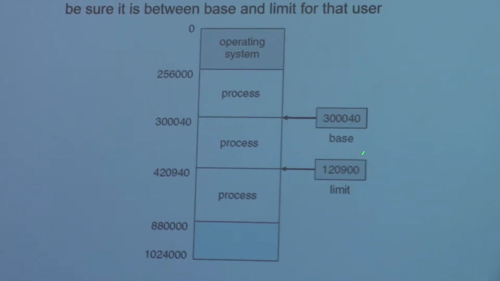What is the starting address and what is the size of the process? These are called the base and the limit. Where is this information kept? In registers. Whenever you have a context switch, each process has its own base and limit. For process 0, the base is 256000 and the limit is the size, which is the difference, in this case I think 50,000.